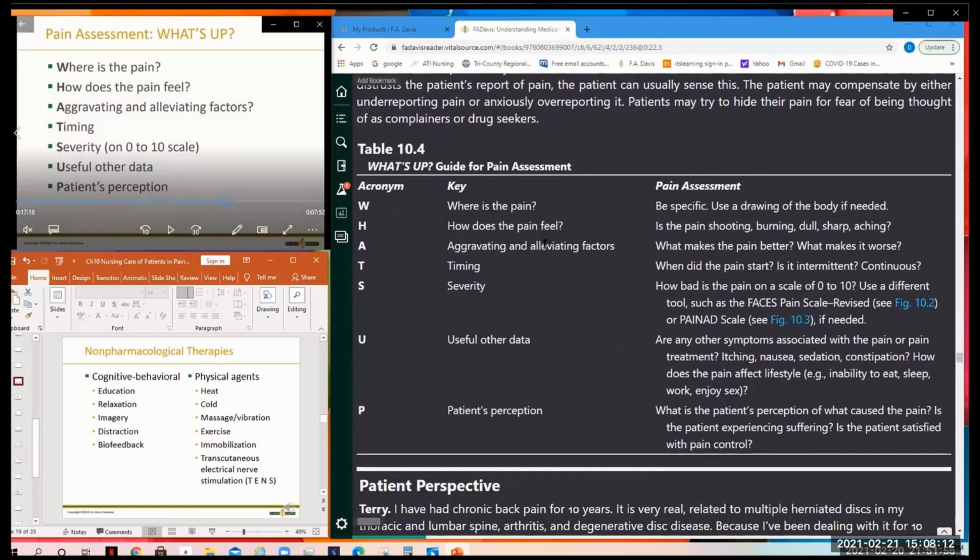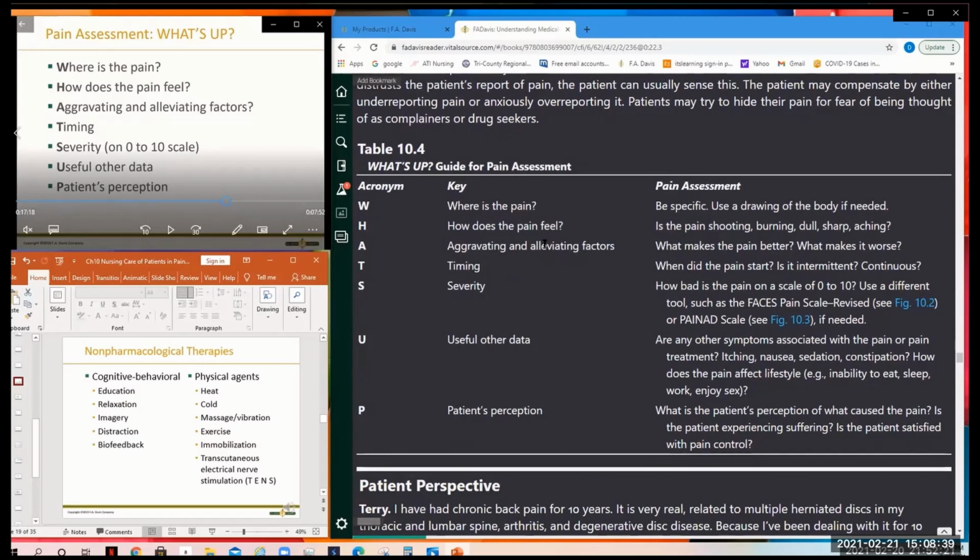When did the pain start? Is it intermittent, continuous? S is for severity. How bad is the pain on a scale of 0 to 10? Use a different tool such as the FACES pain scale revised, see figure 10.2, or pain ad scale, see figure 10.3 if needed.